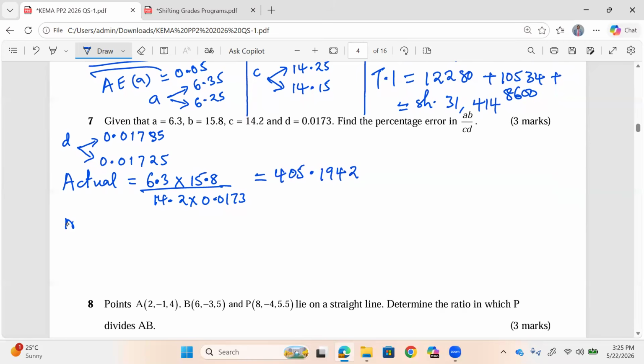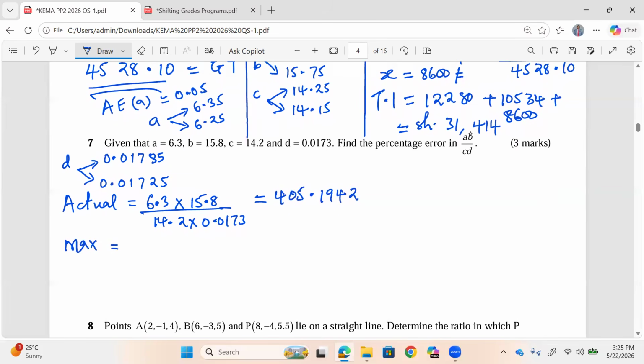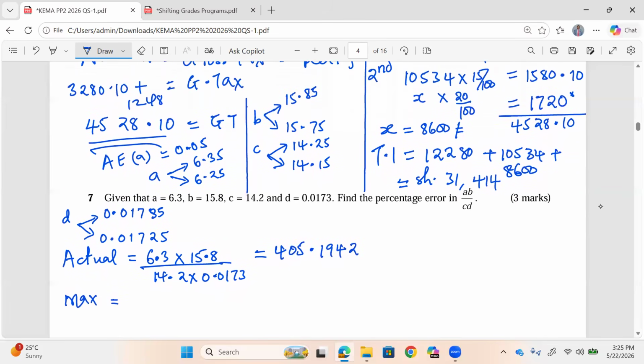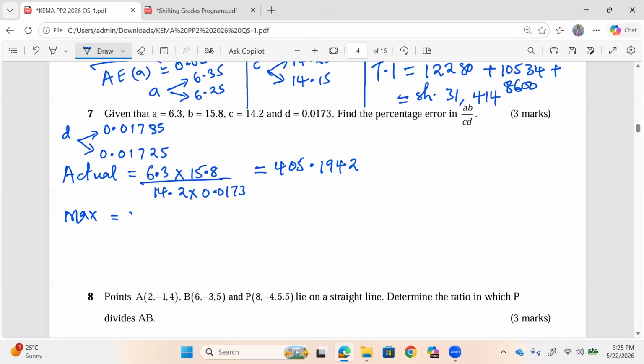Then what about the maximum? The maximum quotient will be given by the maximum numerator. So for the maximum numerator for AB, I use the maximum values, which is 6.35 times 15.85. Then for me to get the maximum quotient, I was supposed to divide by the minimum divisor possible. So the minimum divisor for C shall be 14.15, and for D shall be 0.01725.